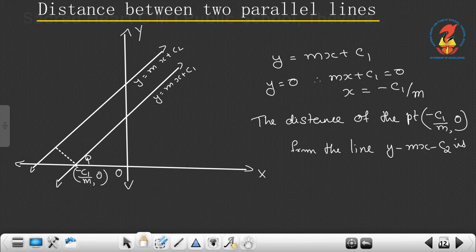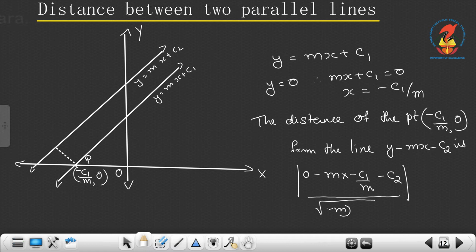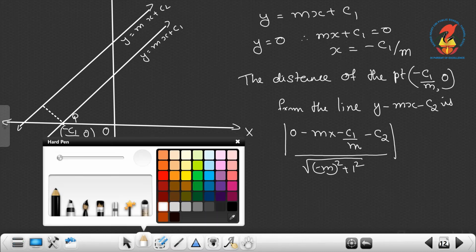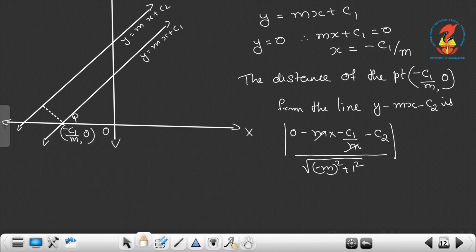Modulus of y minus mx minus c2 gives 0 minus m into minus c1 by m minus c2, by root of coefficient of x square, that is minus m square, and coefficient of y square, that is 1. So what we get? m and m cancel, minus of minus is plus, so it is plus c1 minus c2 by root of 1 plus m square.